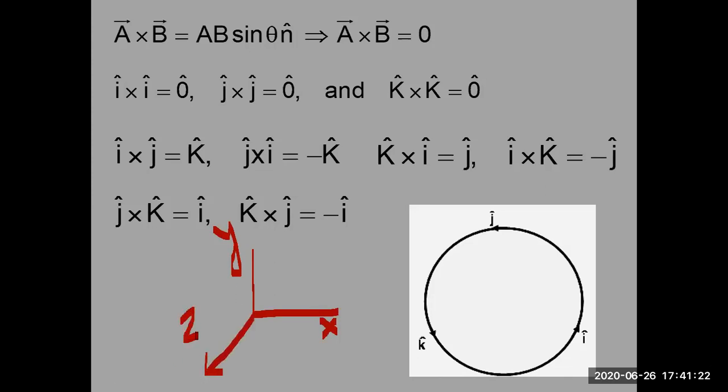If you rotate from X to Y, your thumb will be along the positive Z axis, so along the Z axis the unit vector will be K. So when you multiply from X to Y, I to J, this is I and this is J, that will be equal to K.